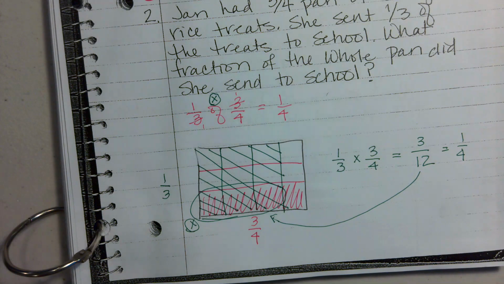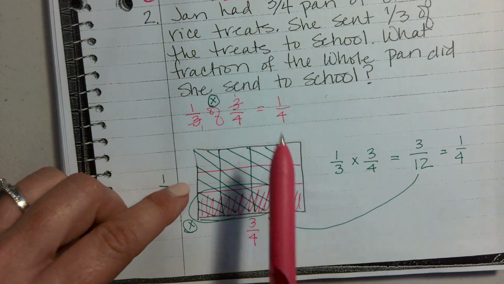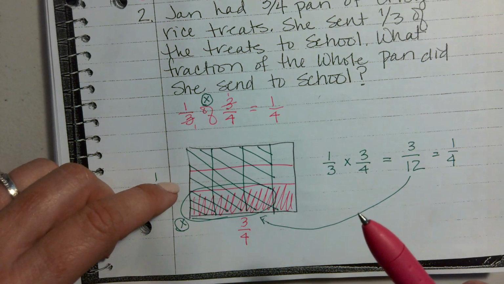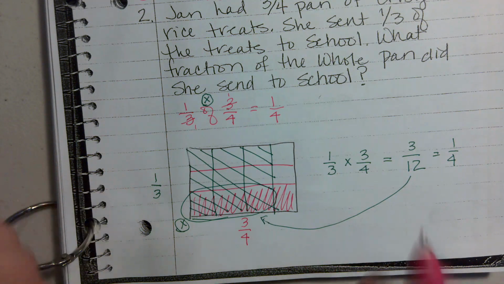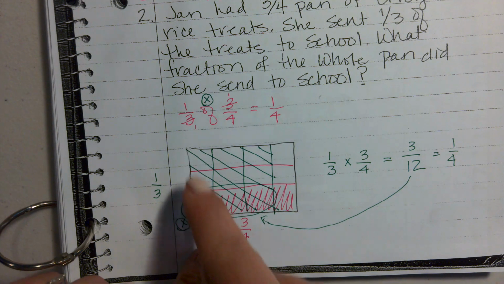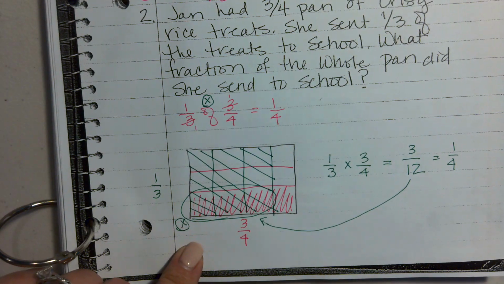All right, so here is the quick and dirty answer, but that's not what we're necessarily looking for, right? We're looking to see if we can show this in an area model. So in your area model, when you partition each of the fourths into 3 equal parts, what new unit did you create?